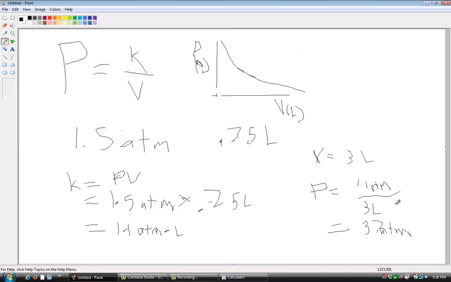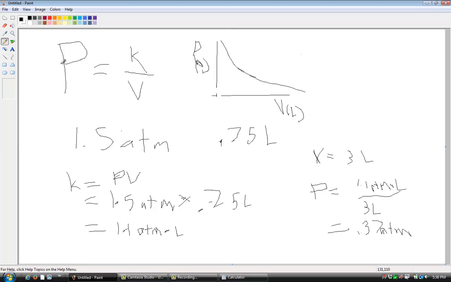Oh, I'm sorry, the units on top up here should have been atmospheres times liters. Maybe some of y'all caught that. The K had units of atmospheres times liters, so that part goes there. And so we wind up with 0.37 atmospheres as our answer. That's inverse proportionality. Those are the two you're most likely to get: inversely proportional and directly proportional.